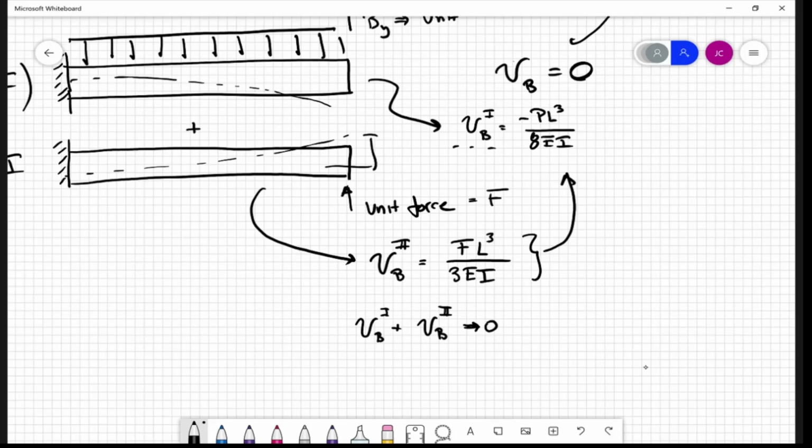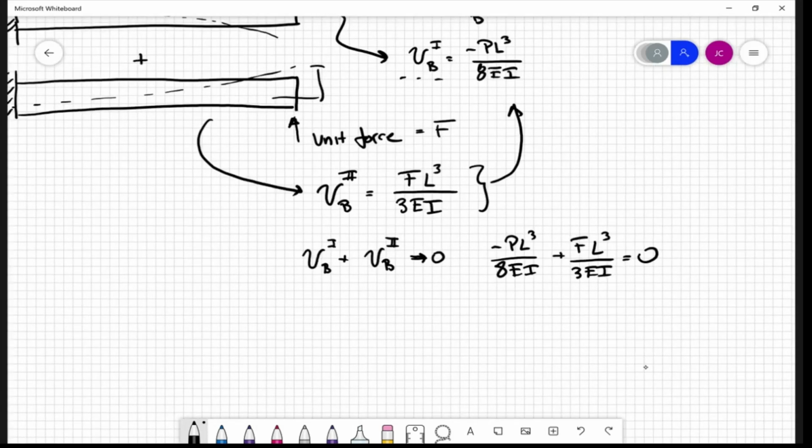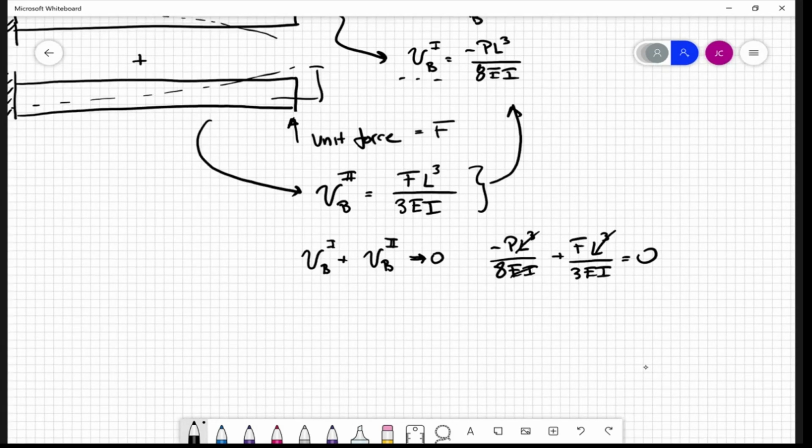All right, and so if we do that, then minus PL cubed over 8EI plus FL cubed over 3EI has to go to 0. And now you can see the L cubes cancel out, the EIs cancel out.